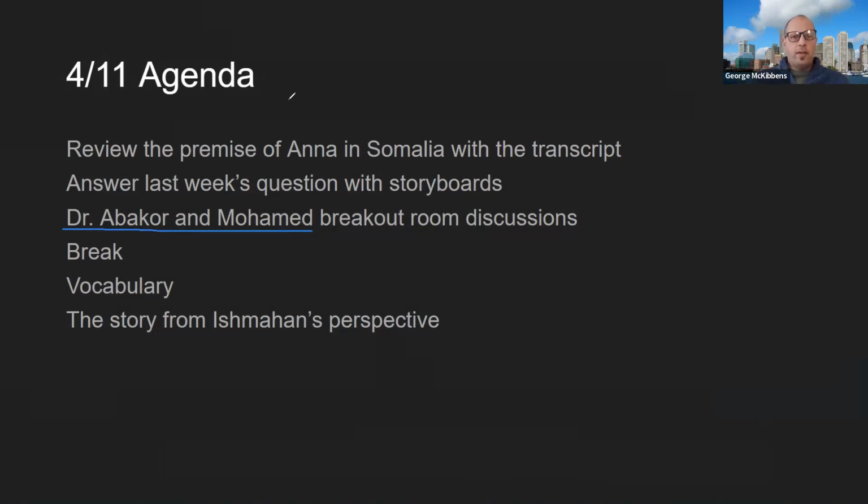And we're going to wrap everything up with a discussion about Ishmahan's perspective, because as the story unfolds, we look away from the life of Muhammad, who's stuck inside this terrible place, and look more at the life of Ishmahan, his wife, who he left behind when he went to prison. And that's where it's going to come full circle and tie in the characters in the book that he's reading.